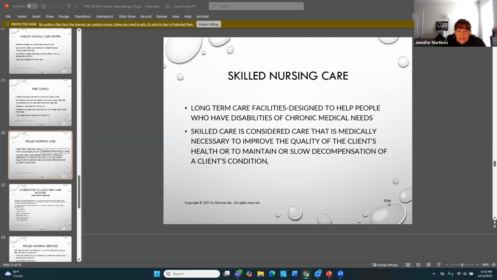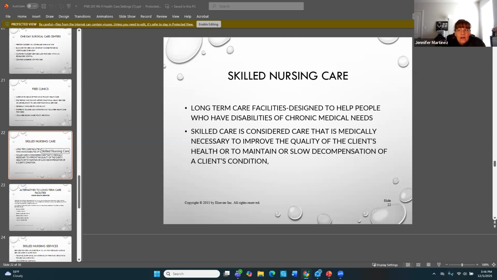So with that, in order to receive skilled nursing care, they have to have a skilled need. Otherwise, it's not going to be covered, right? So maybe they require IVs, injections, complex wound care, respiratory support like oxygenation, whether it's O2 therapy, or if they're on a trach.